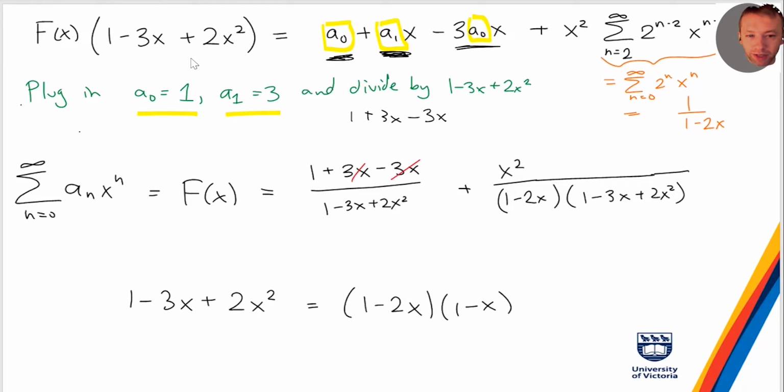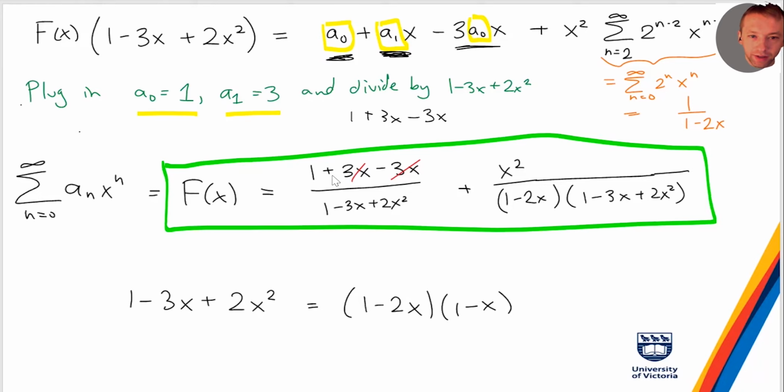So basically what you get is this. I've got my 1 over the polynomial that's being multiplied by f of x, and then I've still got my non-homogeneous stuff, x squared over 1 minus 2x, divided by this thing.